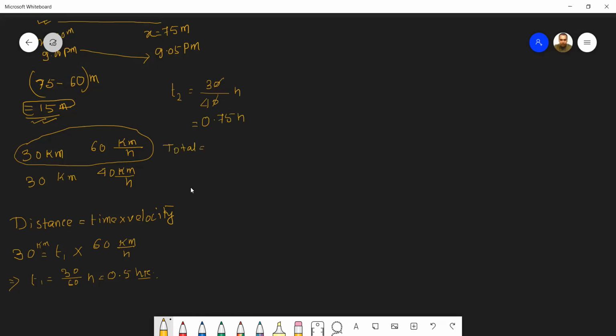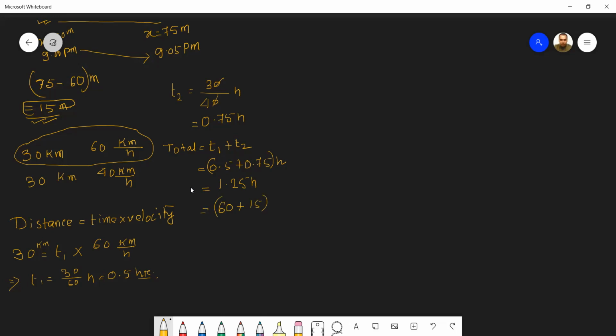So what will be the total time taken? Total time taken is very straightforward to calculate. T1 plus T2 is equal to 0.5 plus 0.75 hour. How much will it be? It will be 1.25 hour. You can also express 1.25 hour in minutes. 1 hour means 60 minutes, plus 0.25 hour means 15 minutes.